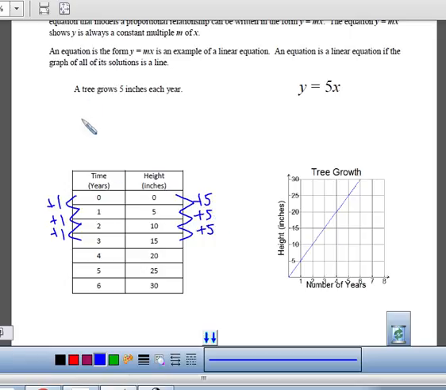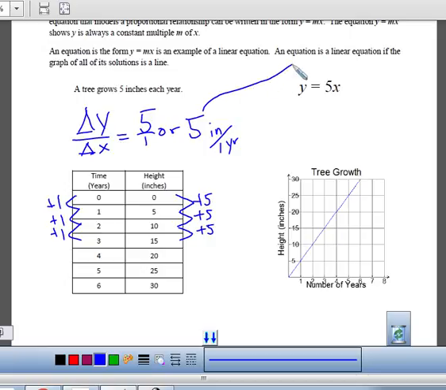So our rate of change, our slope, is the change in y over change in x. That's 5 over 1 or 5. 5 what? 5 inches per 1 year. Alright? And notice, in our equation, that's the number next to x. It replaces m, okay?